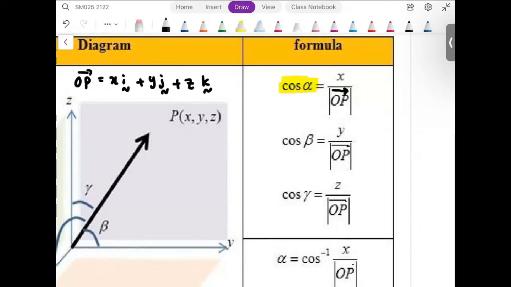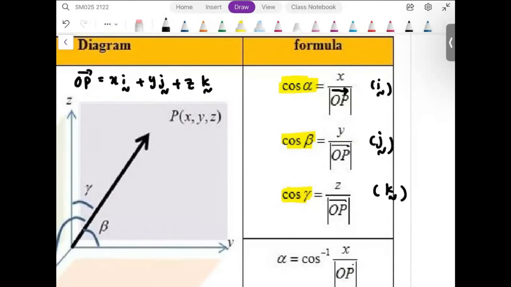So means in for cos alpha, kita akan ambil elemen I sahaja. Value x tu kita ambil terus, divided by OP. And then for cos beta, we only choose element j. That's why they have y divided by magnitude of OP. And for cos gamma, we choose element k. That's why we have z divided by magnitude of OP.